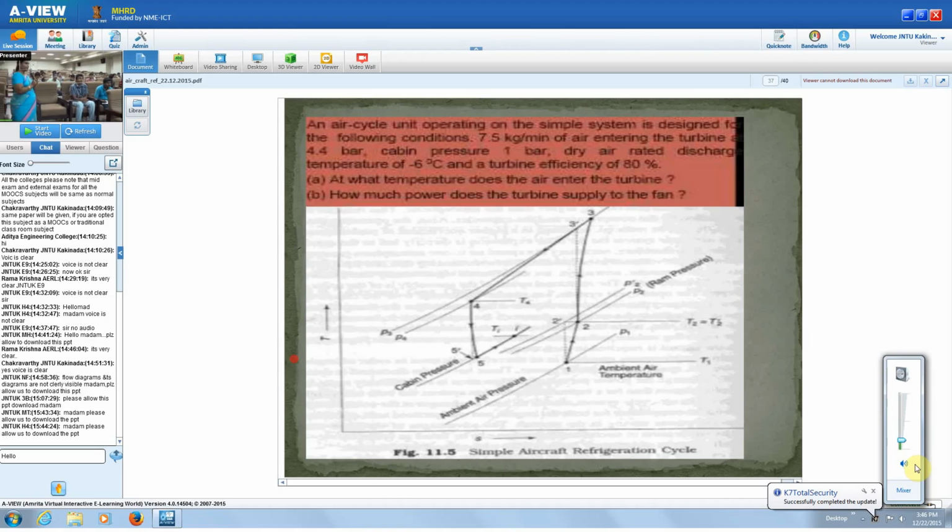So note down this problem also. This is a problem on simple cooling system.